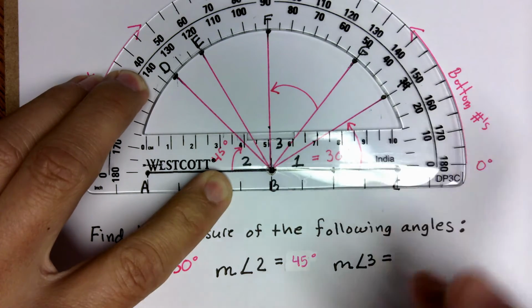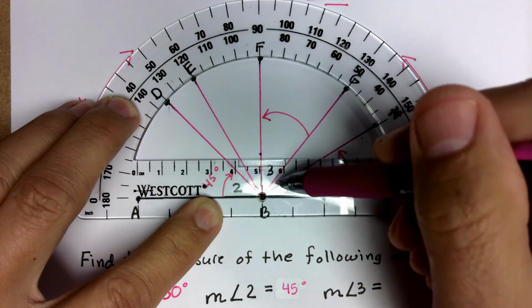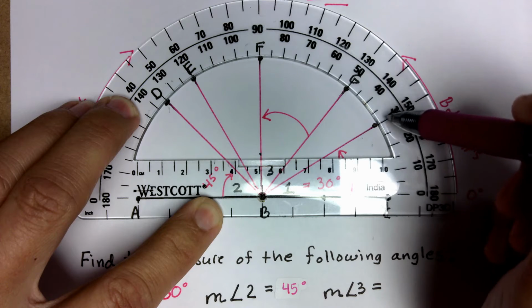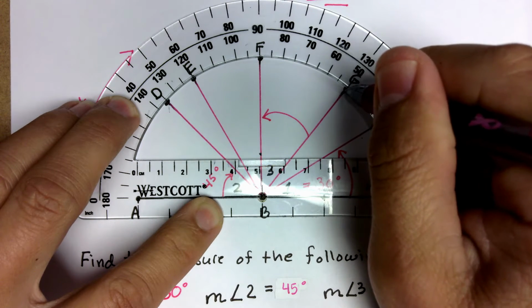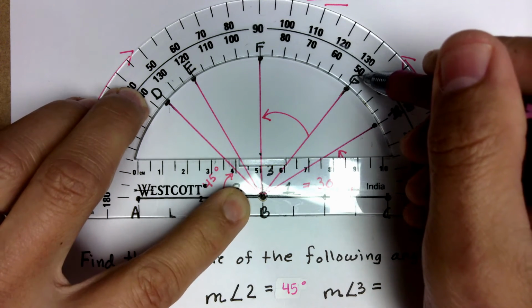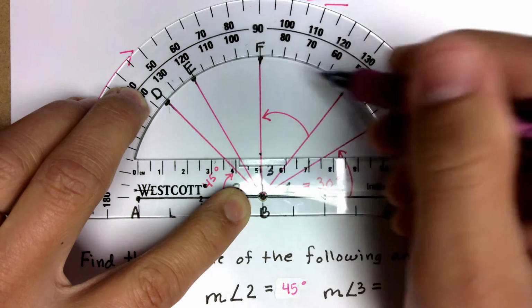Now when that happens, there are a couple different things that you can do to solve it. One thing that you could do is recognize that going from this right side up to the left, the beginning of that angle is right here, which lines up with 50 on the bottom, and it goes over to 90 on the bottom.